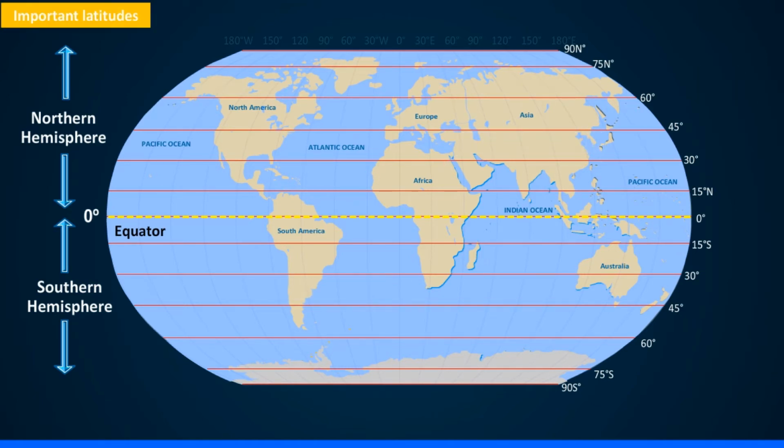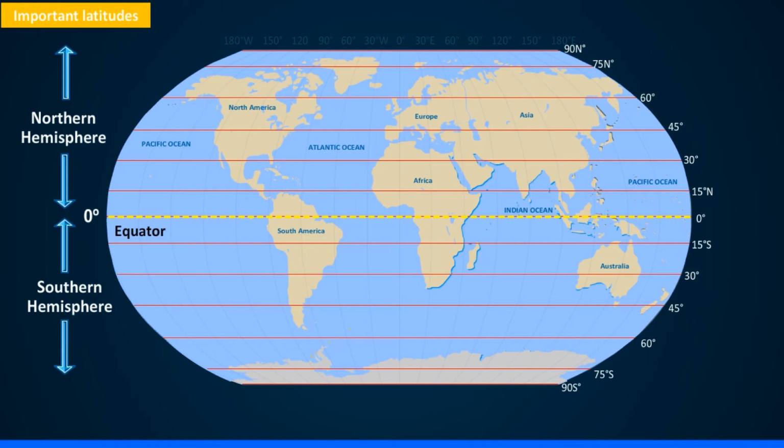Important latitudes. There are 180 parallels of latitudes, 90 to the north and 90 to the south of the equator. Of these, some are considered important parallels as they are used as reference points in geography.